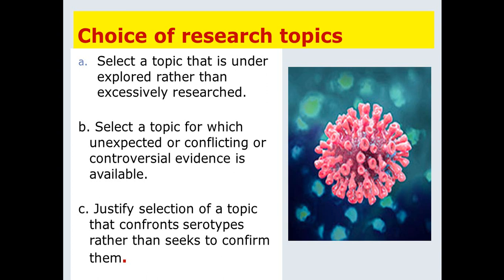B. Select a topic for which unexpected or conflicting or controversial evidence is available. Many ideas about certain subjects. Either the result of a research is unexpected or there is controversy about the result. This is a good research topic to start with.